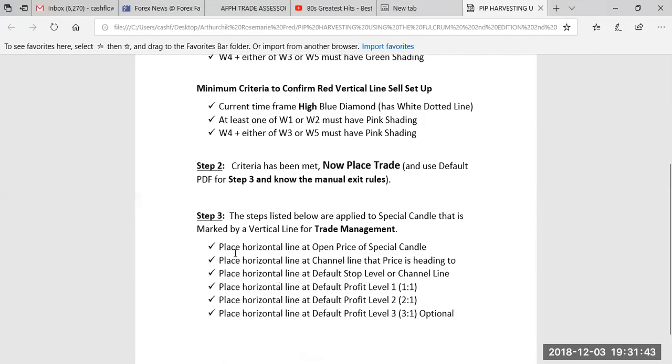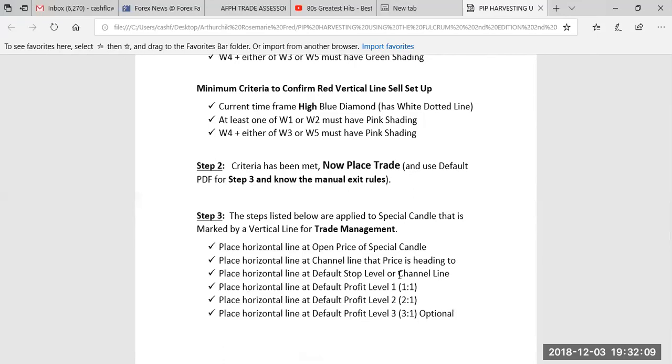So you've already been doing place horizontal line at open price to special candle, place horizontal line at the channel line or price is heading to. You still do that, and then we do the stop level. So we get our crosshair, measure to the channel line, and see how many pips that is and what time frame we're on.